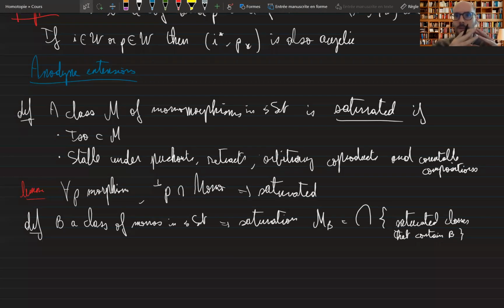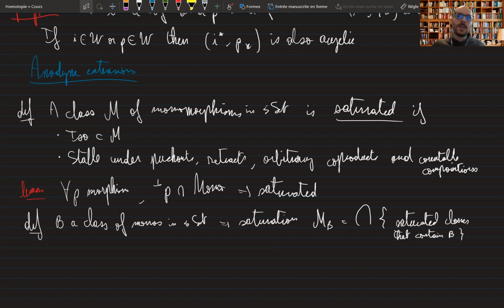And so now we get to the core of the theory of anodyne extensions. Anodyne extensions were introduced, I don't know when exactly, I would say a few years after people really started to deal with model structures.